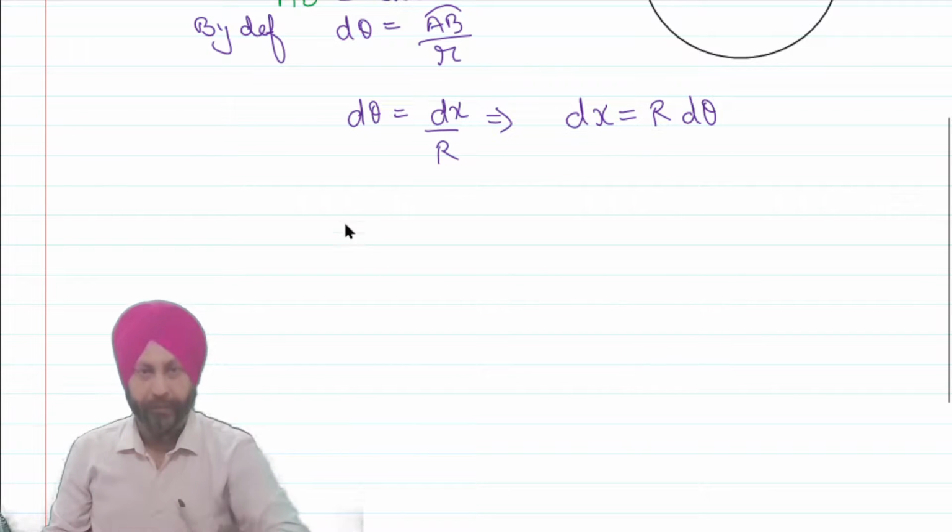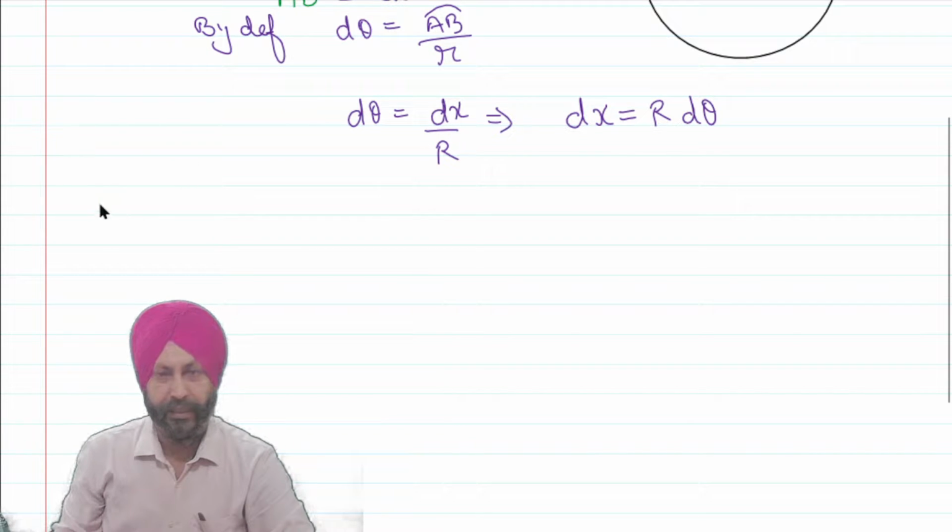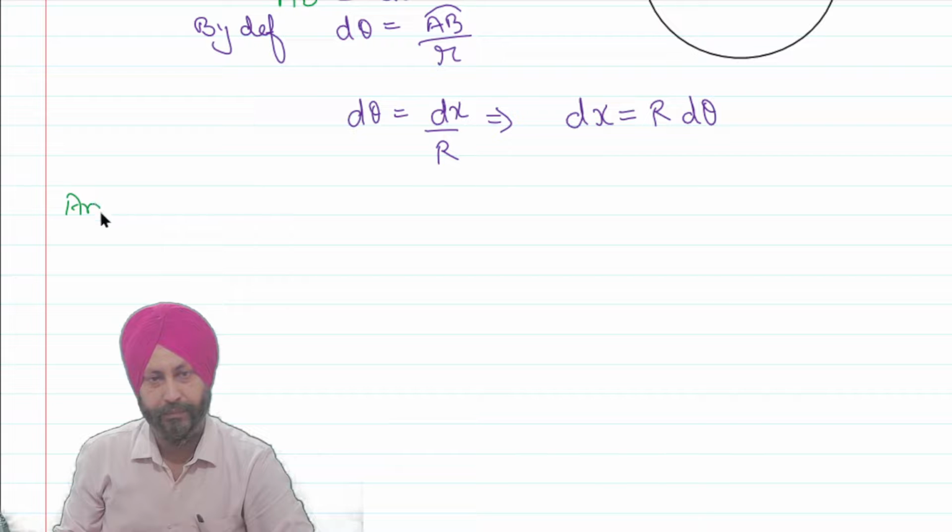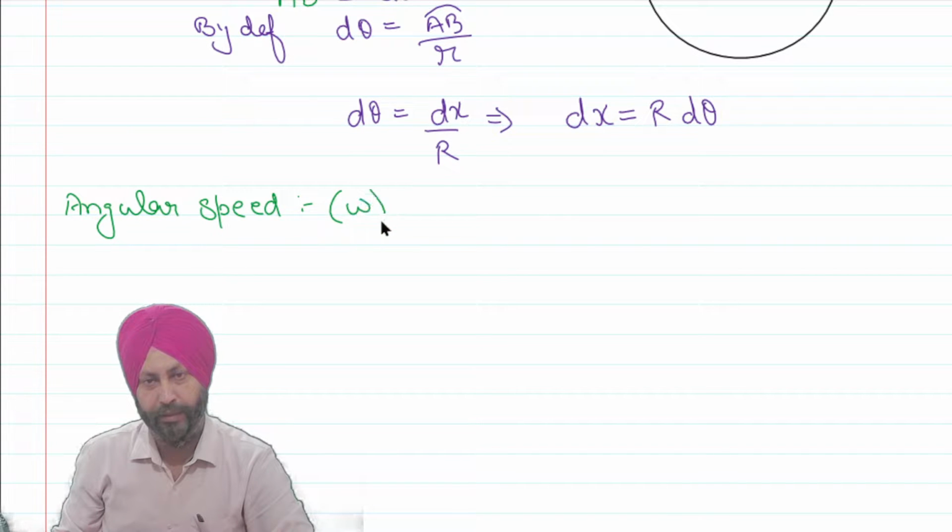Then we get the term angular speed. Angular speed is denoted omega and the definition says omega is d theta by dt.